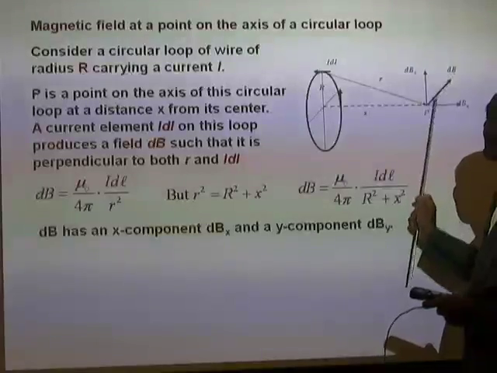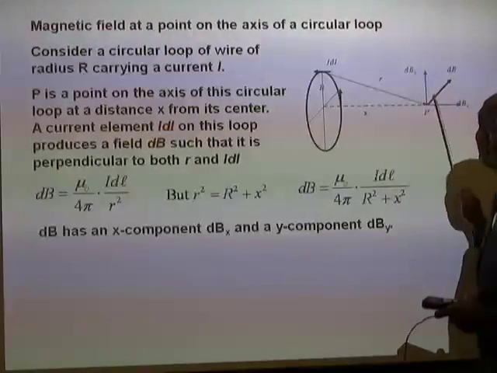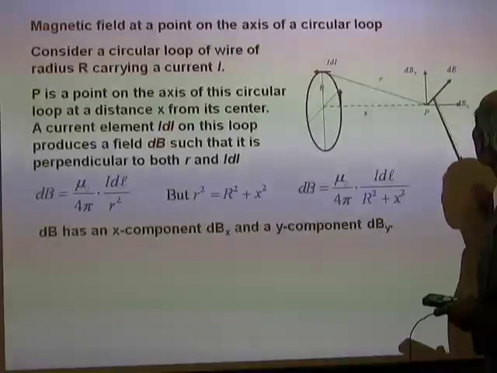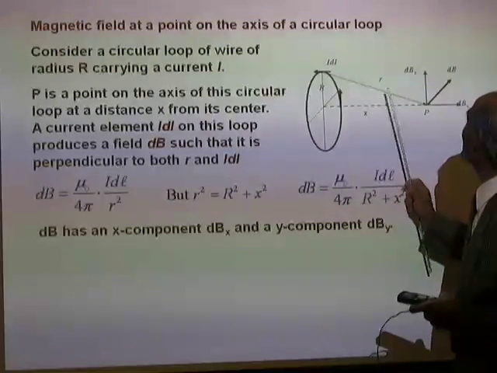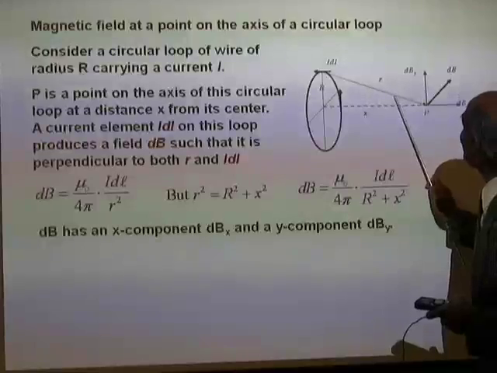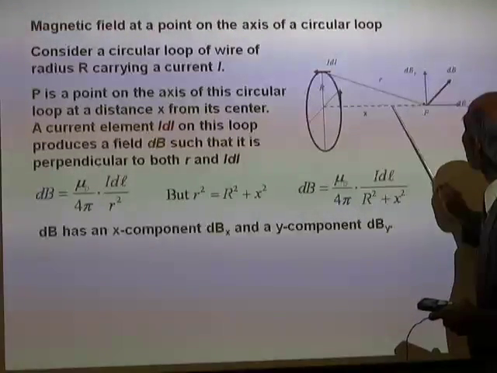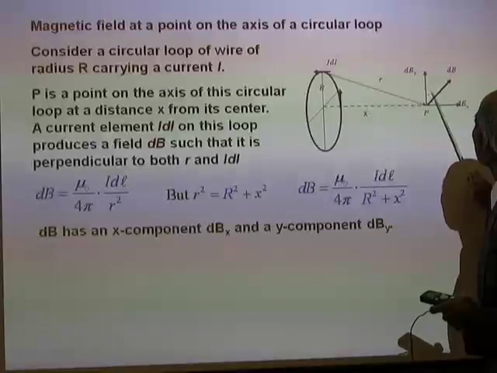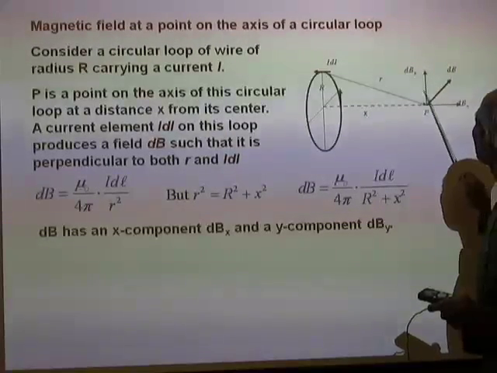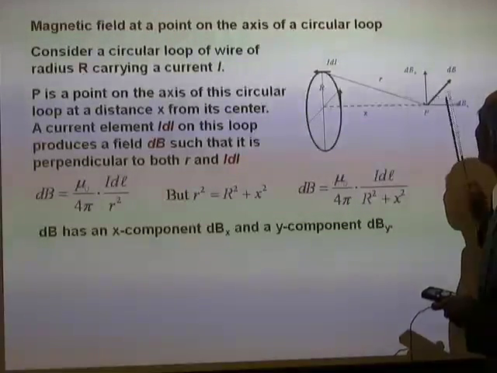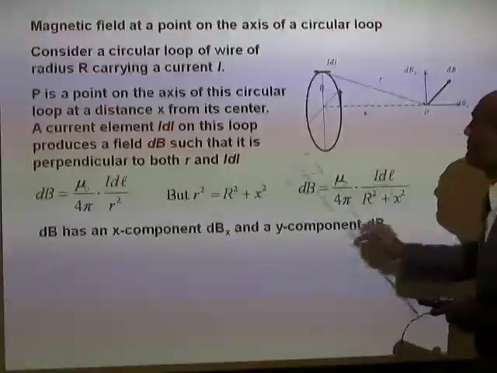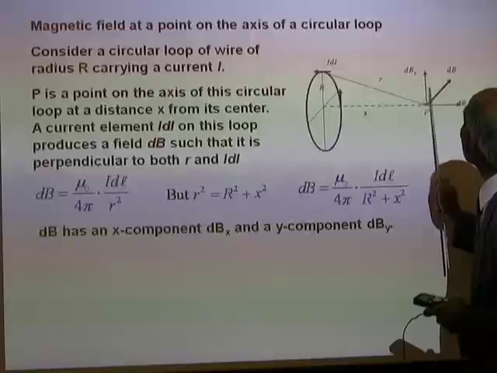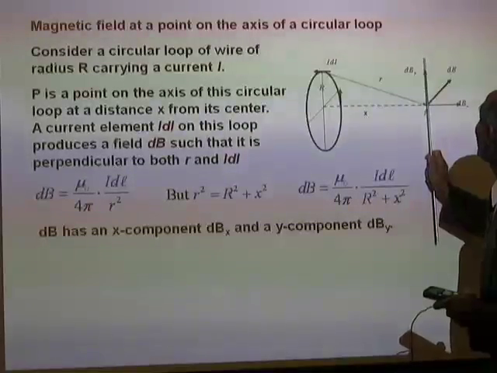Now, this dB is actually in a direction such that the angle theta. Now, if you know this angle, you know that this angle is the same as that angle. Is that right? I think so. That means the dB makes an angle theta with the vertical.